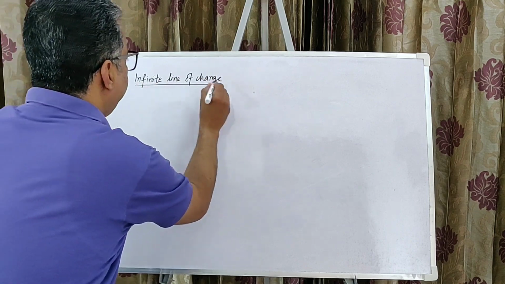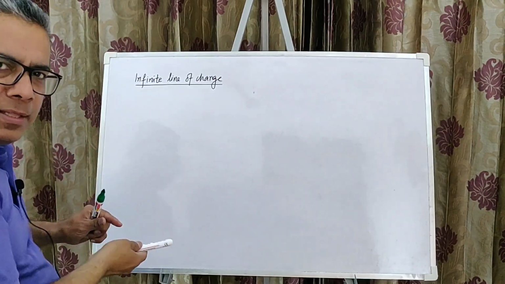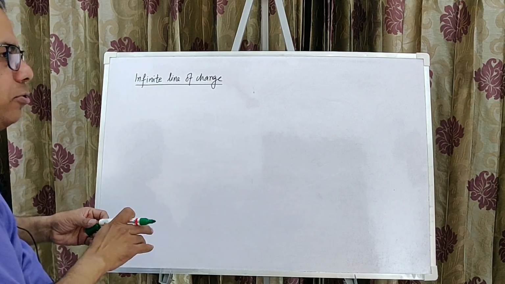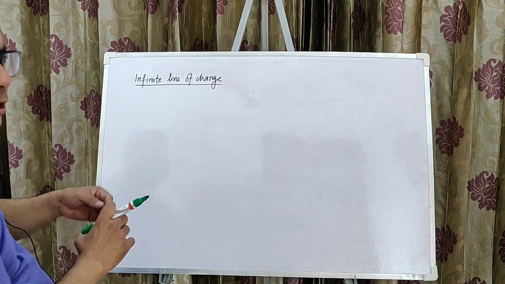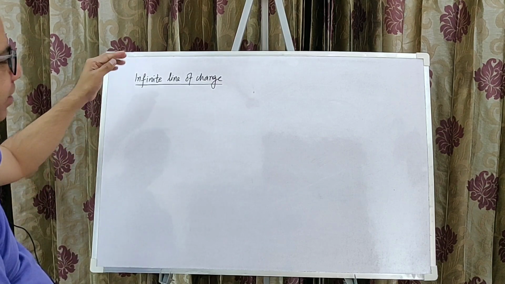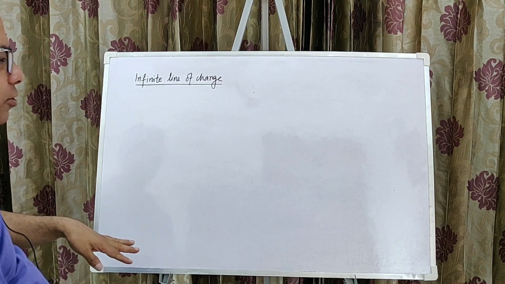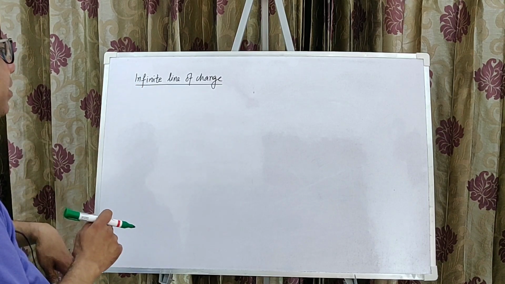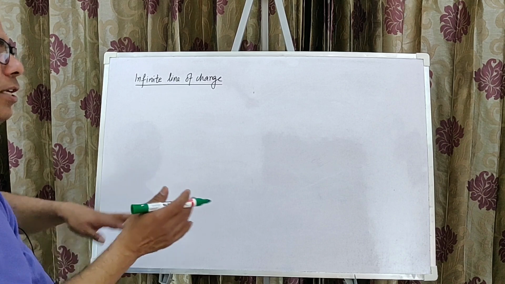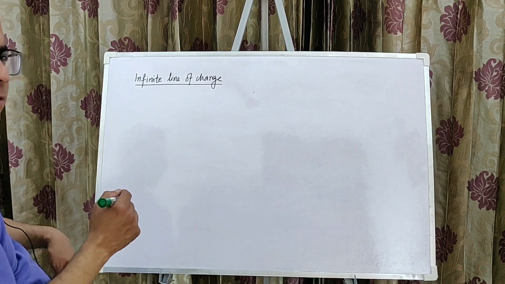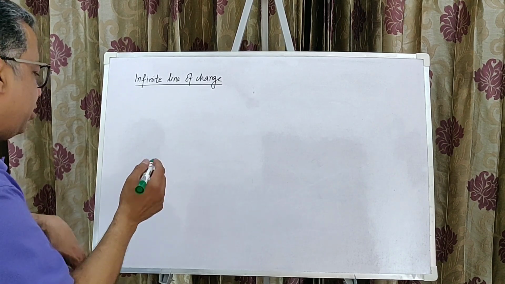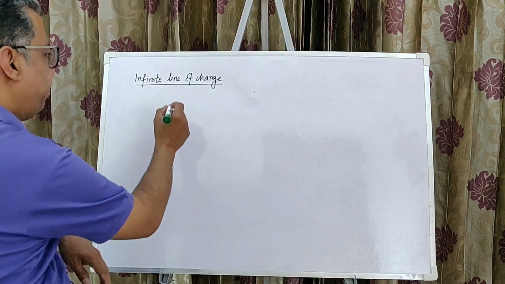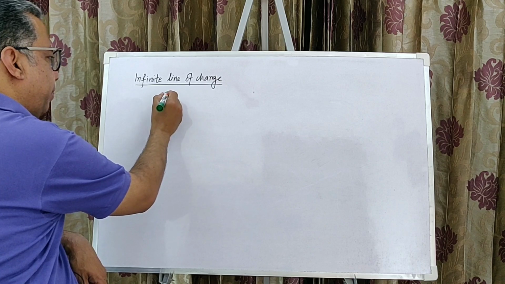You will definitely recall that with a line of charge we had to use integration and calculate a summation of electric fields due to charge elements. With an infinite line of charge, using Gauss's theorem, we'll be able to arrive at the magnitude of electric field quite easily without the use of integration.